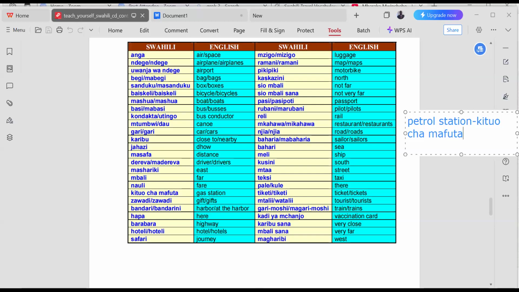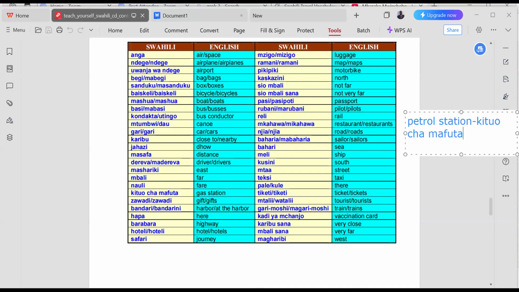Station is kituo. Be it a police station, we'll say kituo cha polisi. A station is a kituo. A bus station is kituo cha basi. Petrol station is kituo cha mafuta. So we call petrol mafuta.